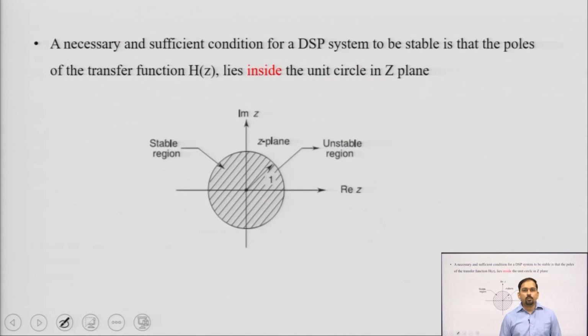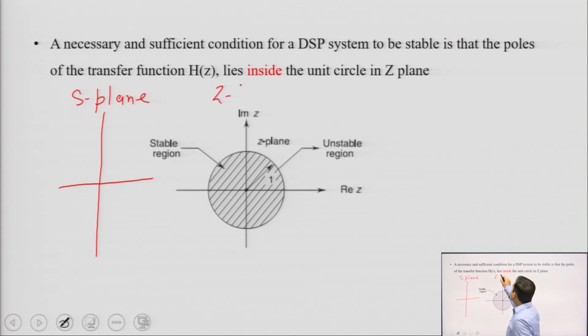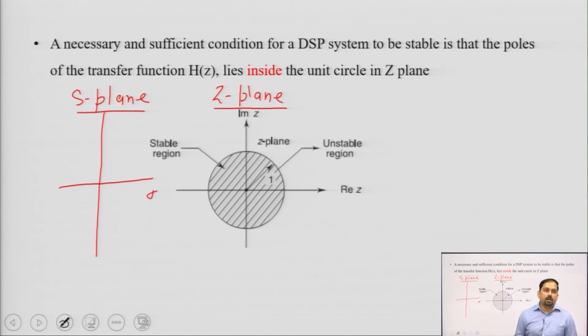So, let me discuss one small concept. This is the S plane, this is the complex Z plane, and in the S plane we have sigma and j omega.